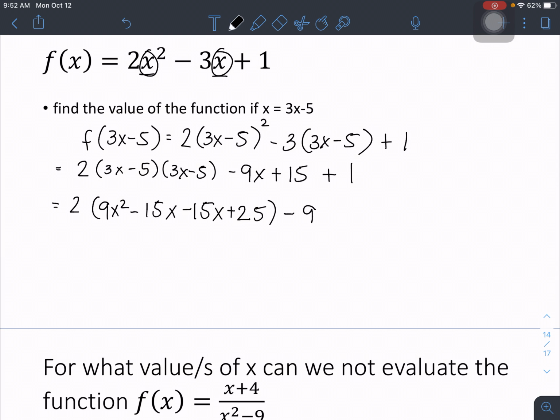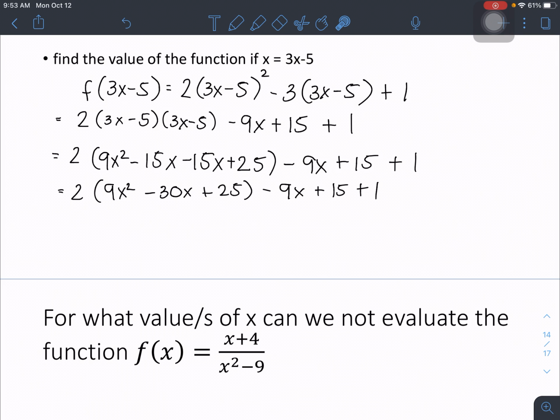So minus 9x plus 15 plus 1. I think it is easier to simplify first the inside of the parentheses. So this will be 2 times (9x squared minus 30x plus 25) minus 9x plus 15 plus 1.